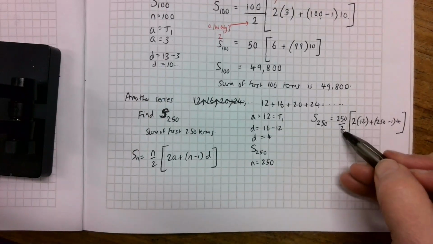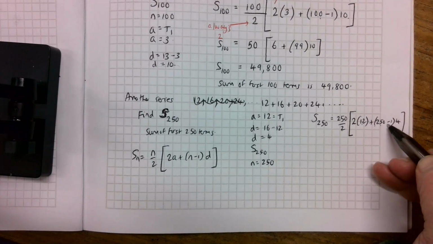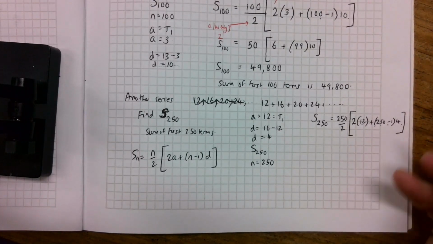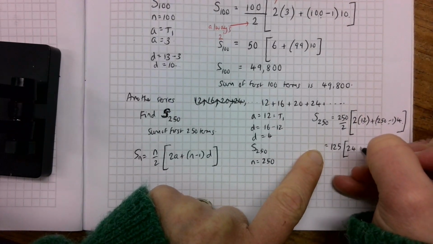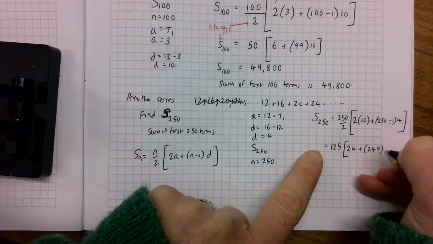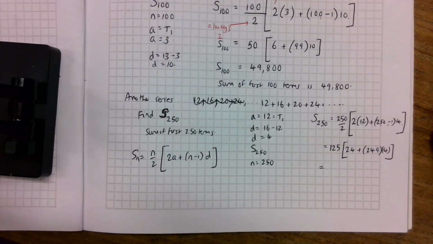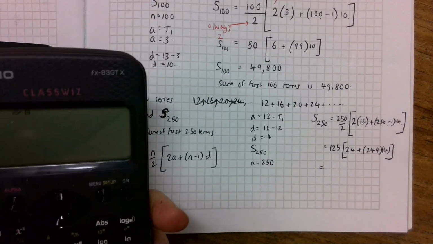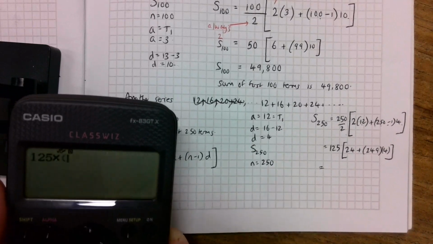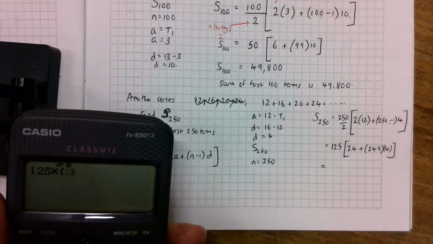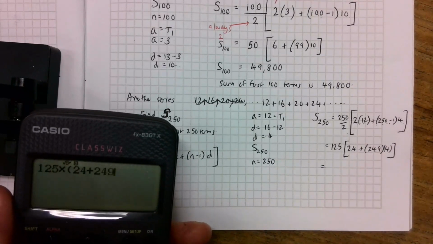So that's going to be 125 by 24 plus 249 by 4. Plug that into your calculator. 125, which I got by dividing 250 by 2, times 2 by 12, which was 24. So 24 plus 250 minus 1 is 249 times 4.